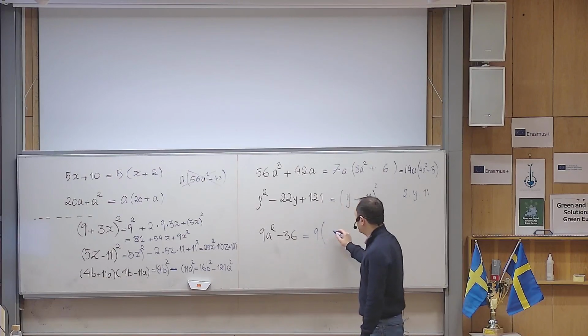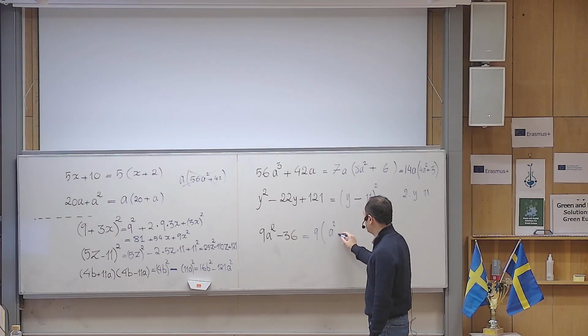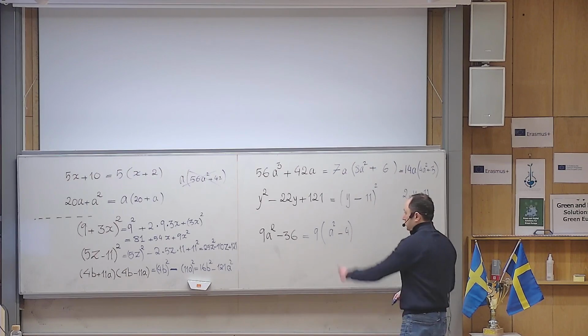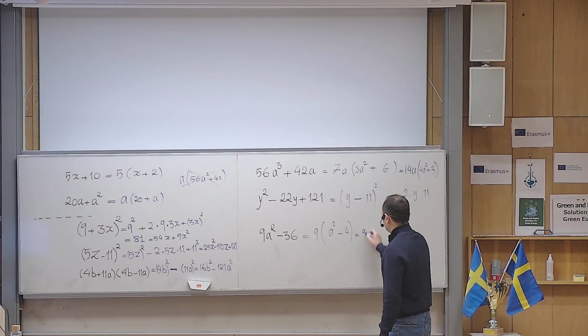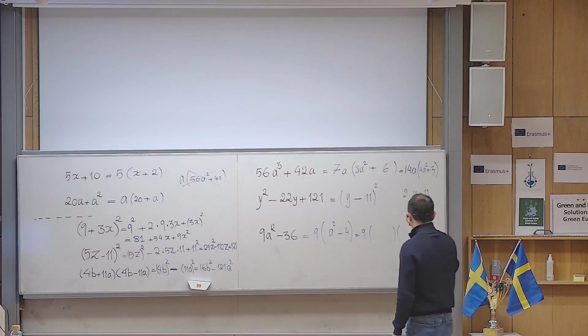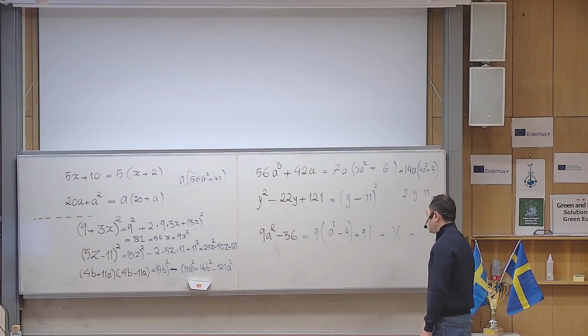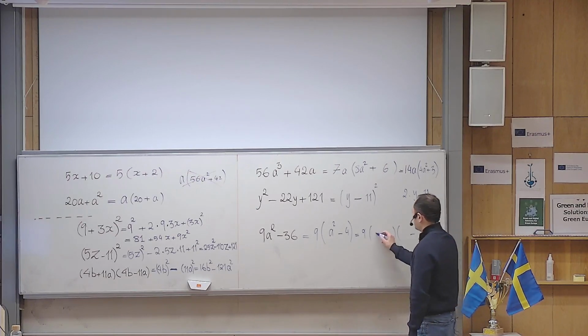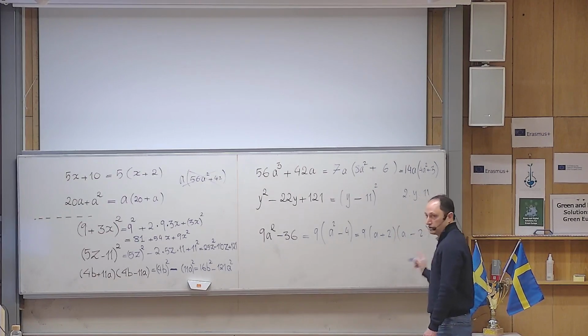Then from here, a squared is left minus this one is what? 4. But here do not stop, because then you recognize the conjugate pattern here. So you open 2 pairs of brackets, one with plus sign in the middle, one with negative sign in the middle. And then, of course, you write a plus 2, a minus 2. So that is the correct answer.